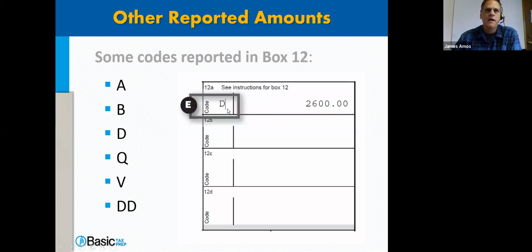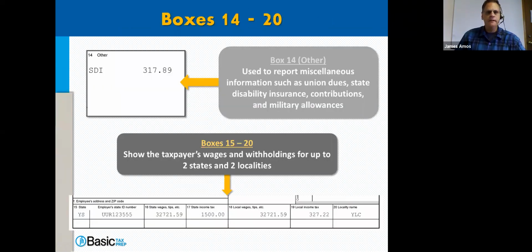Whether or not it applies depends on your client's specific situation. Okay? And I also want to stress there are many more codes than this. These are just some of the most highly used ones, and I only highlighted a couple of them. So now box 14 is a catch-all box on a W-2. It's sort of where they report anything else that you might or should know, and it might or might not have any effect on the tax return.